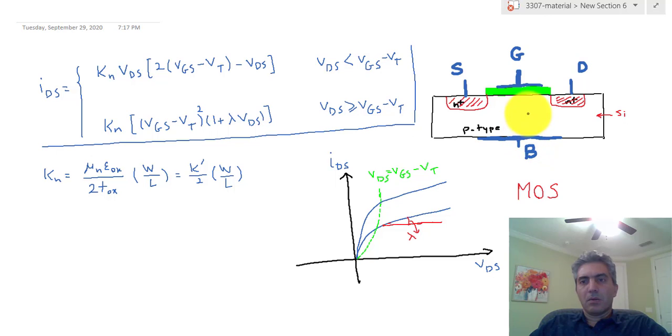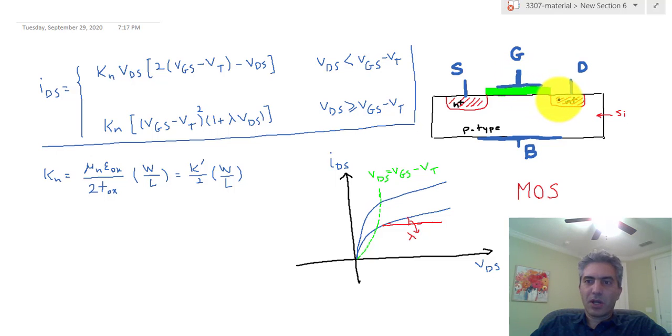With what I explained, the reason this terminal is called the gate is that whether or not you get current going from the drain to the source depends on what voltage you apply to the gate. So this terminal behaves like a gate for the current between the drain and the source. This is very much like a switch.